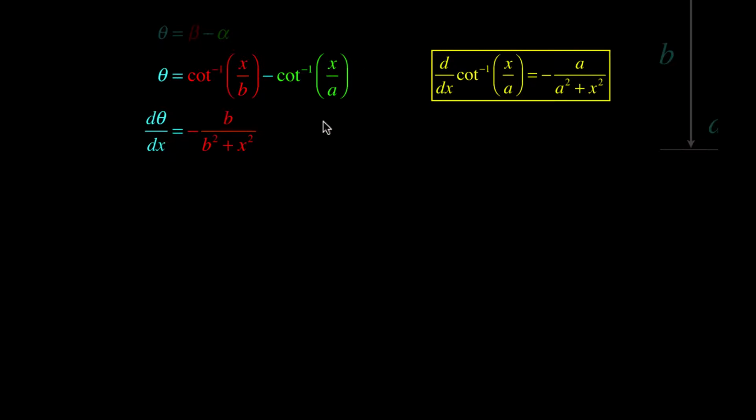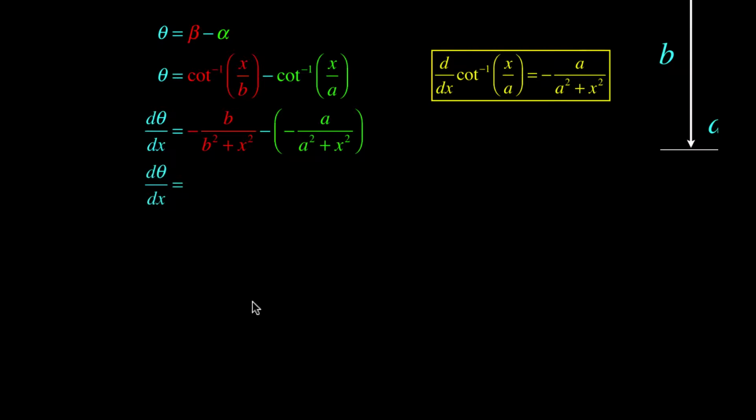And the second inverse cotangent will differentiate to produce minus negative a over a squared plus x squared. Now, simplifying by distributing this subtraction sign into the brackets, we get simply that d theta by dx is negative b over b squared plus x squared plus a over a squared plus x squared.